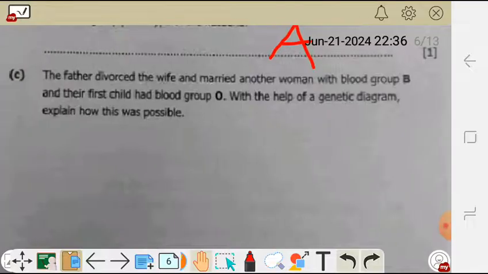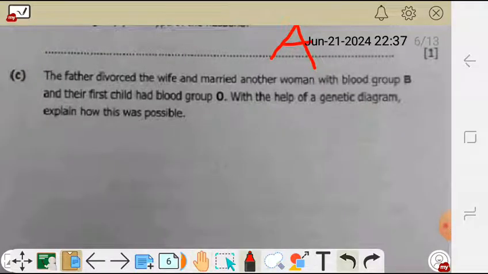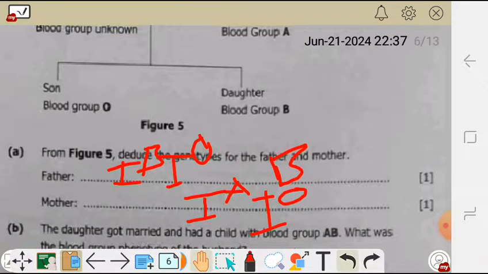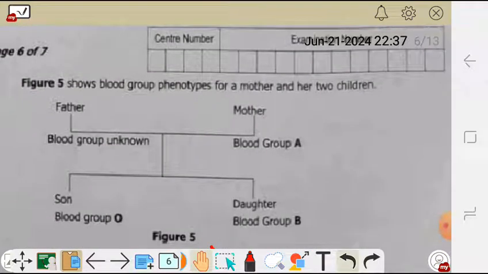Okay, question C. The father divorced the wife and married another woman with blood group B, and their first child had blood group O. With the help of a genetic diagram, explain how this was possible. So this father divorced this mother here and married another wife.